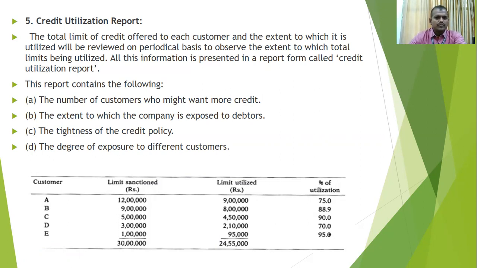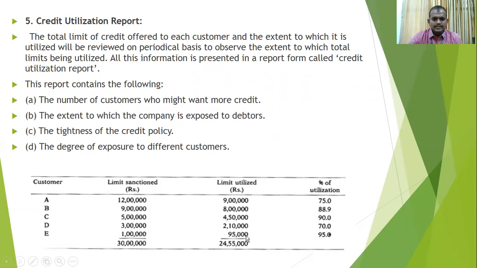First, the number of customers who might want more credit, and the extent to which the company is exposed to debtors, limit sanctioned. The tightness of the credit policy and the degree of exposure to different customers.